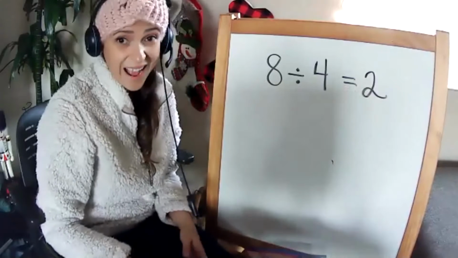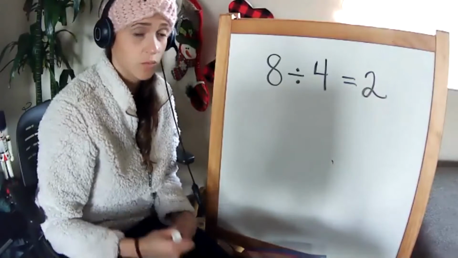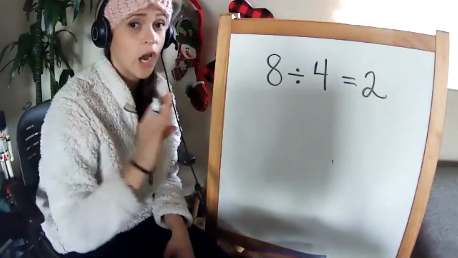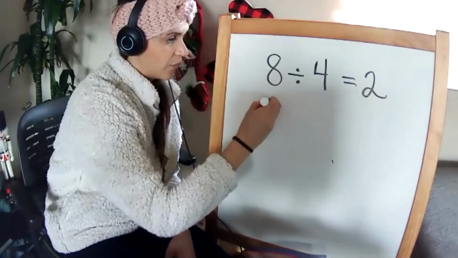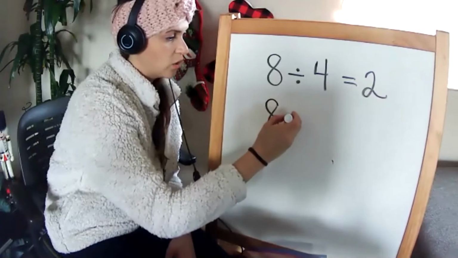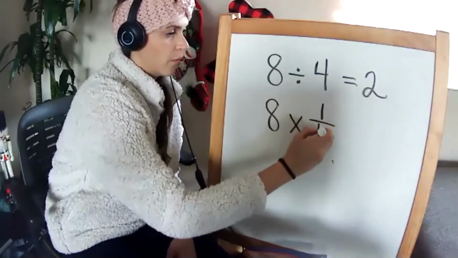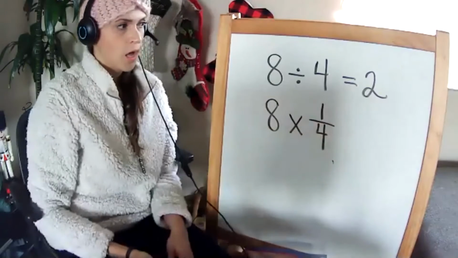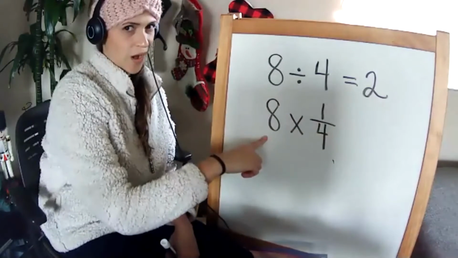Now, if I told you, how can I turn that into a multiplication problem? You could use the reciprocal of 4. Watch. Instead of 8 divided by 4, just watch what I do. I'm going to use 8 times 1/4. When I use that reciprocal, watch.